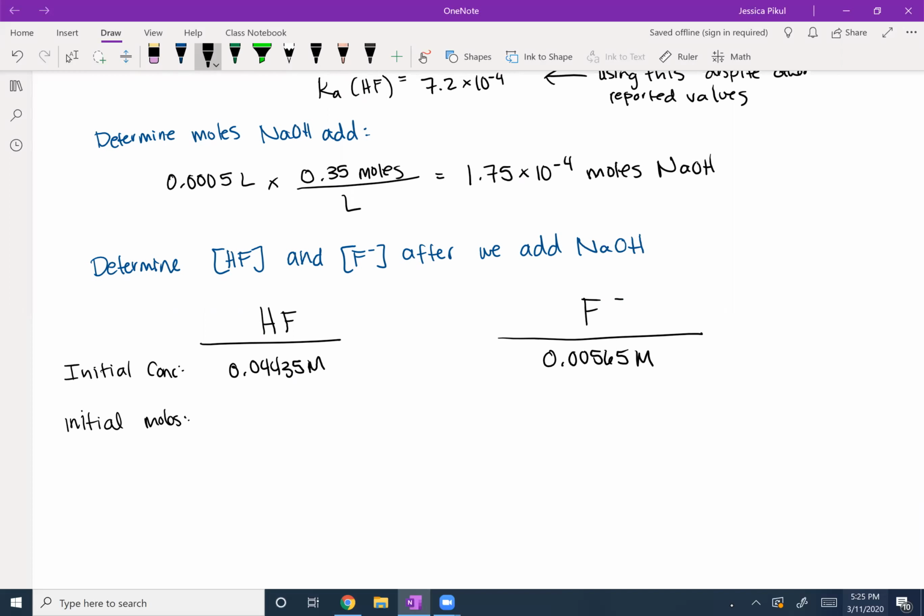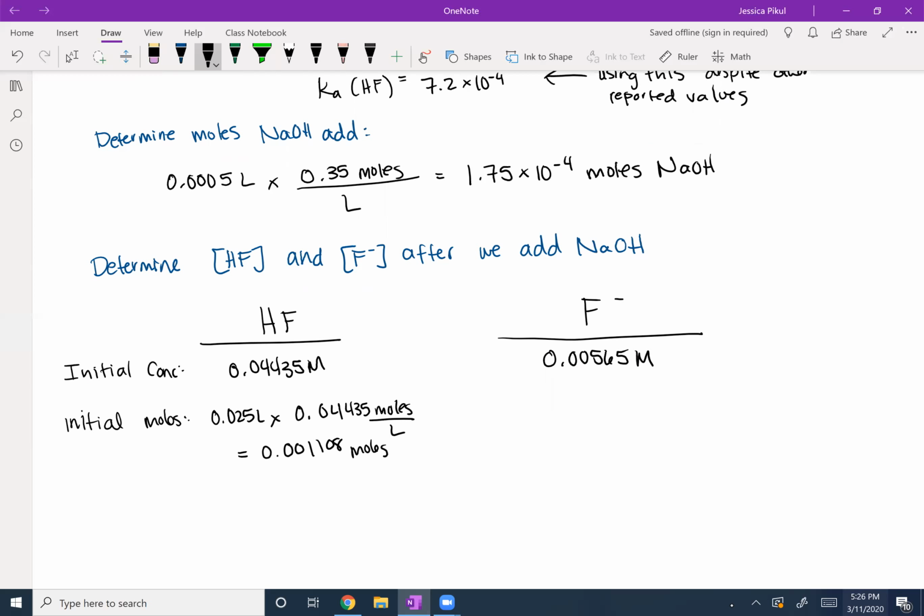So this calculation will look like 0.025 liters times our concentration. For our hydrofluoric acid, that's times 0.04435 moles per liter, and that gives us 0.001108 moles.